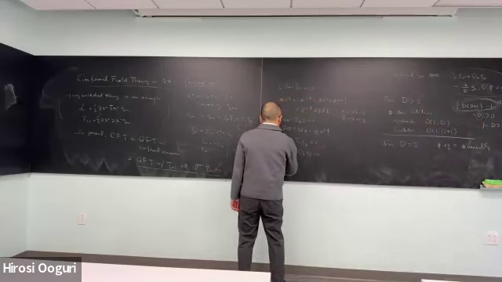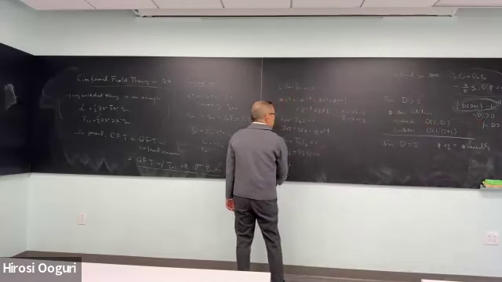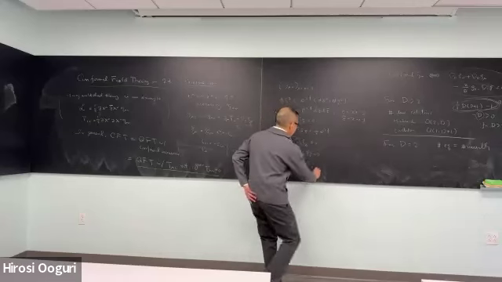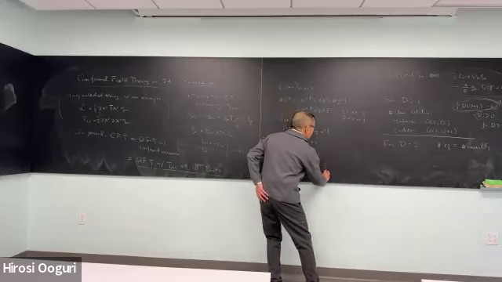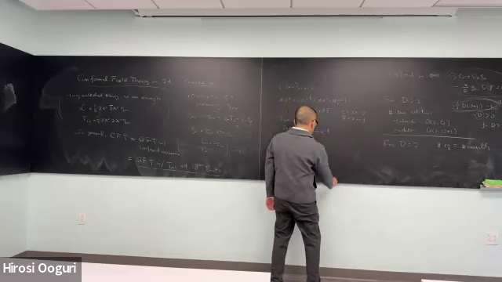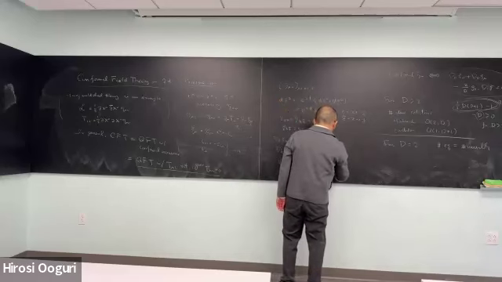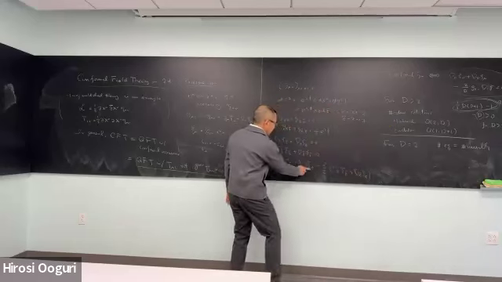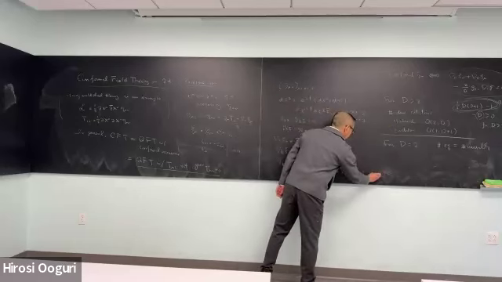How about this one? Actually, this becomes a trivial equation, because this is cancelled by this, so it is trivially 0.